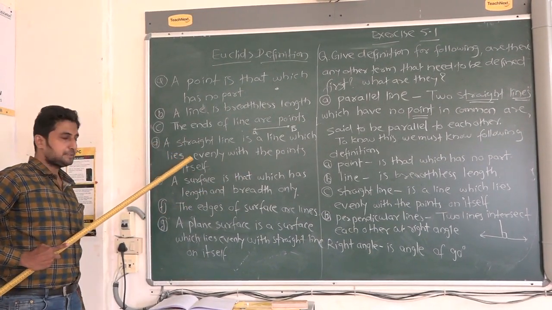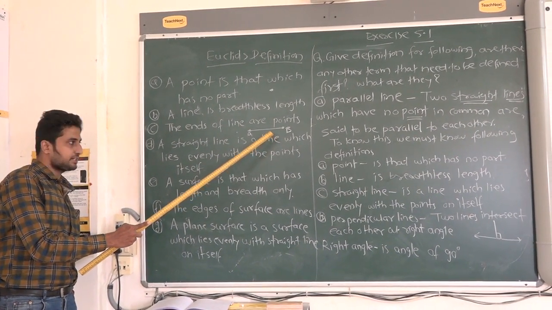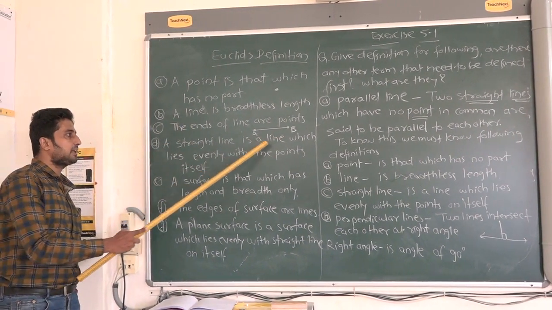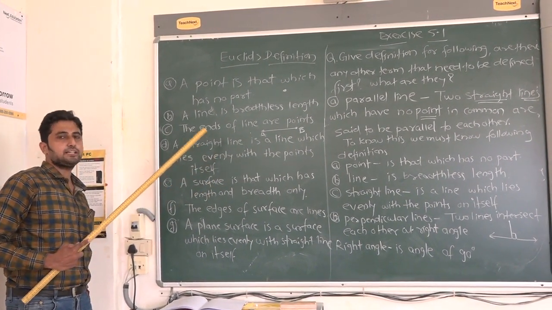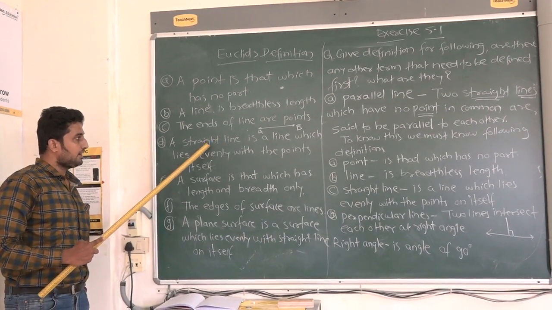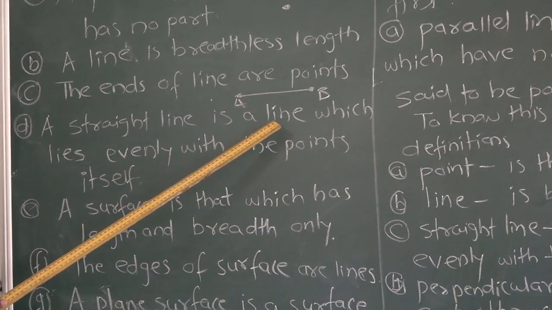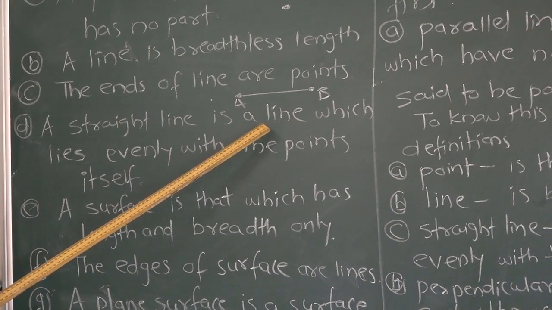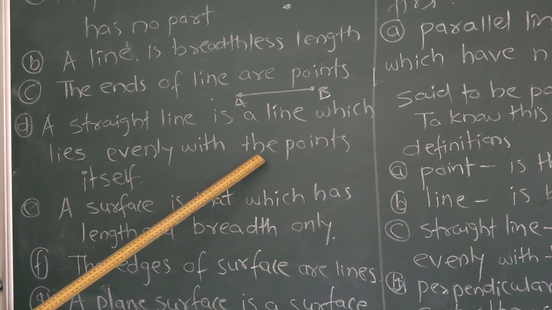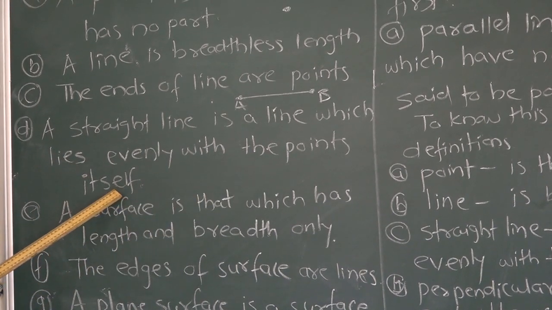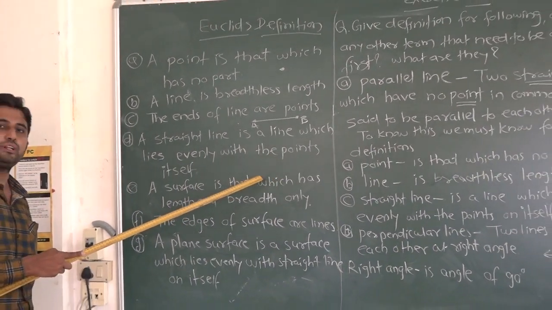Here the next definition is: a straight line is a line. Watch carefully. A straight line is a line which lies evenly with the points on itself. We can define a straight line in such a way that it is nothing but one type of line. What is it? It is one type of line, but it lies evenly with the points on itself. It contains the points, and the points are present evenly within itself.